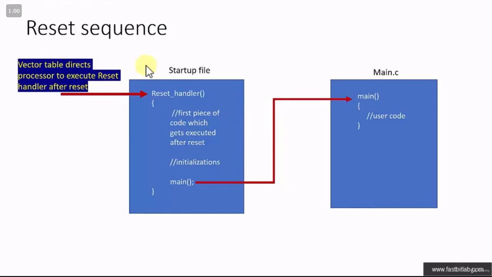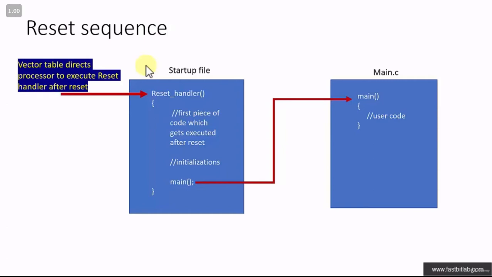In the previous video, you came to know that whenever the processor undergoes reset, it first fetches the main stack pointer value from the vector table, and then it jumps to the reset handler. The reset handler address is also available in the vector table.